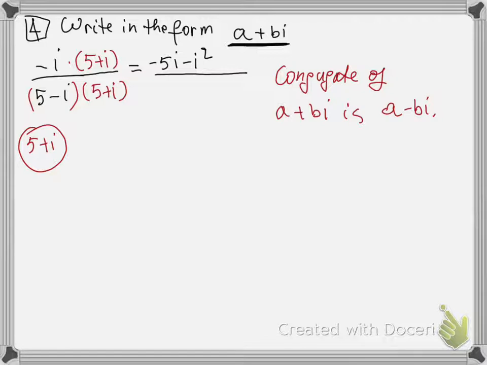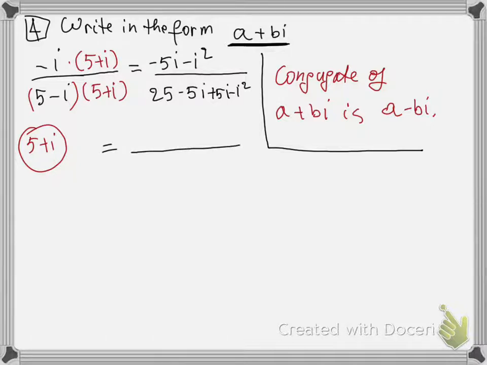And on the denominator, we have 25 minus 5i plus 5i minus i squared equals negative 5i minus, recall that i squared is negative 1.